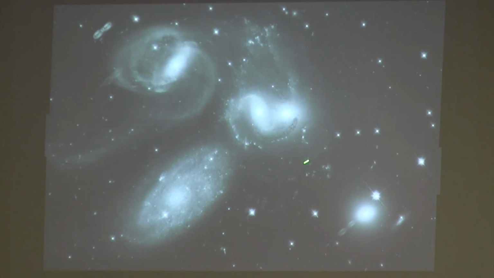There's faint stuff all the way through here. In fact, there's background galaxies that are much, much farther away that we're seeing if we brighten it enough. But we're also seeing all the detail deep into these. In fact, this galaxy has a nucleus, but it's not as bright as this nucleus. So we see the whole range of brightnesses.